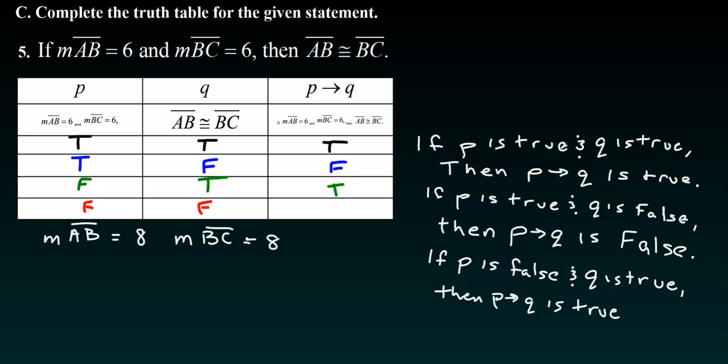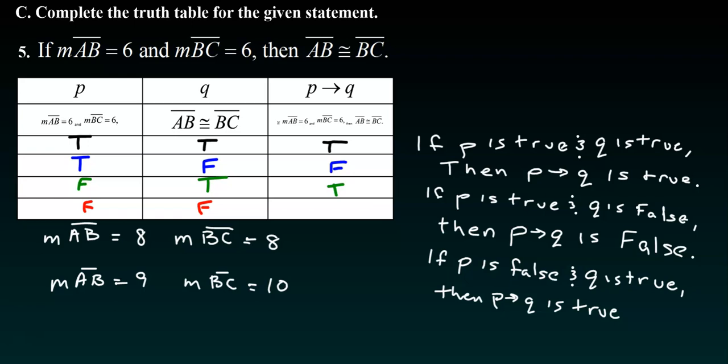So this time, if we say the measure of AB is 9 and the measure of BC is 10, now we have two new numbers that are not 6, so it's false because they're not 6, and they're not equal to each other, so the Q statement where they are equal to each other is also false.